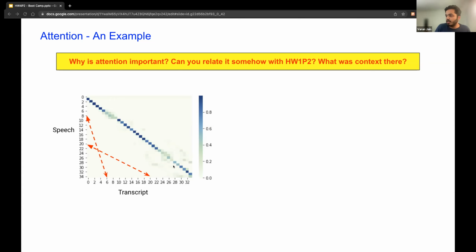Here, each column looks something like this. I cropped the 6th column of this chart, and we can see that if the 6th character was our query, the attention module would have given us attention weights something like this. What does this say?